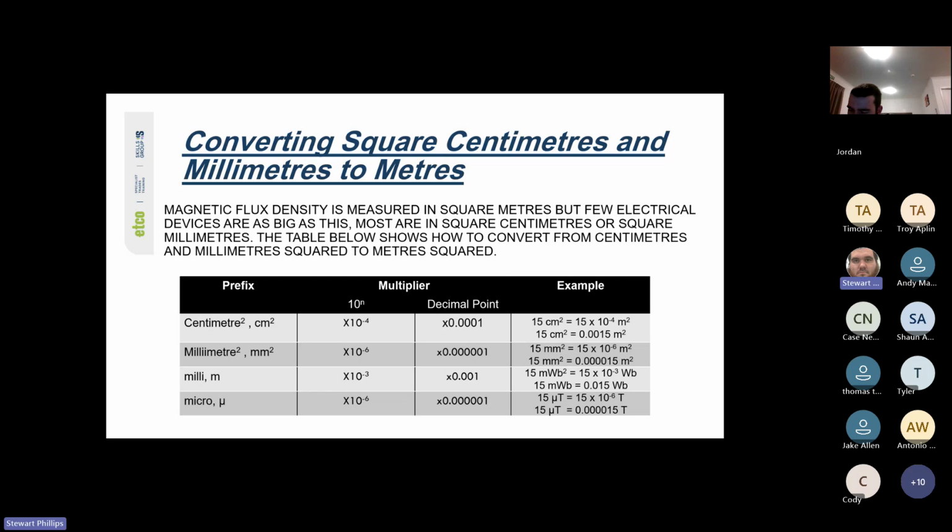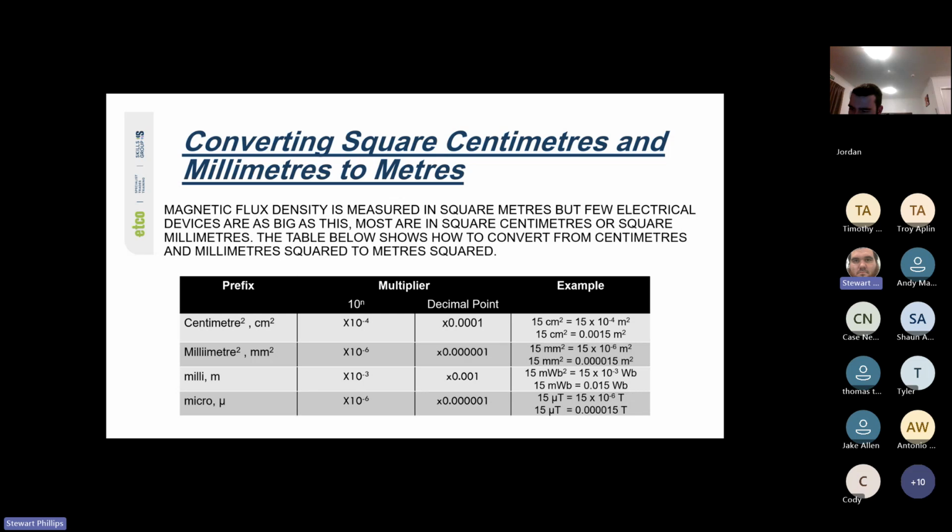Yeah, basically it's squared. And then basically when you talk about exponents, you multiply them together. So because it's already squared, we multiply that squared and the -3 together. And so that's why we get -6 for millimeter.